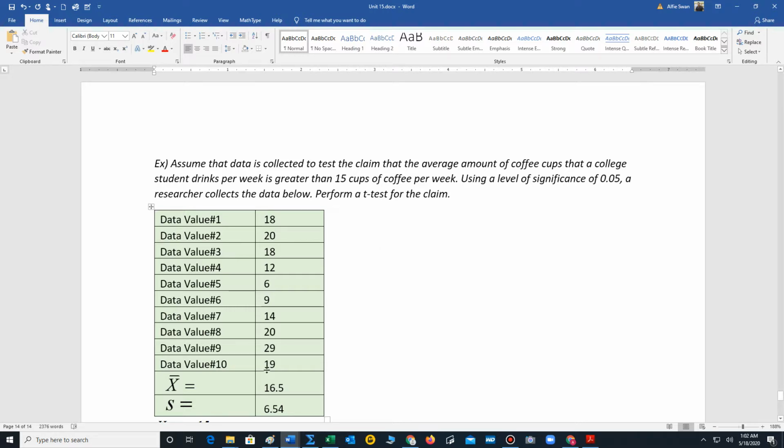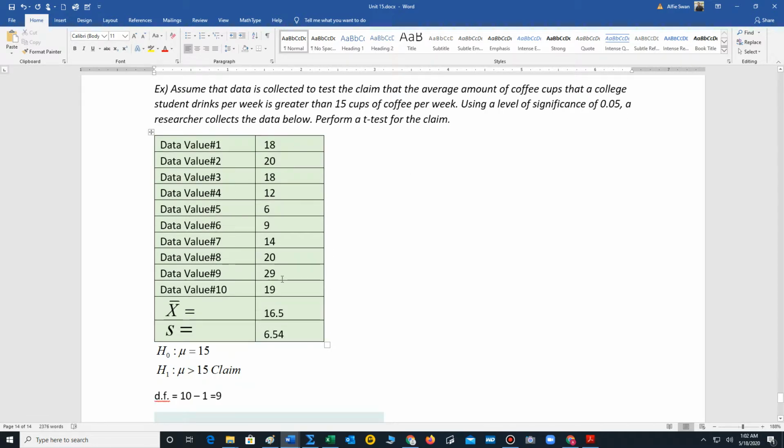So we are given these data values. Our first step in this case is to use our calculator, and I've made videos you can look up on YouTube or in past modules to compute the sample mean and sample standard deviation. So that should be 16.5 for the mean, 6.54 for the sample standard deviation.